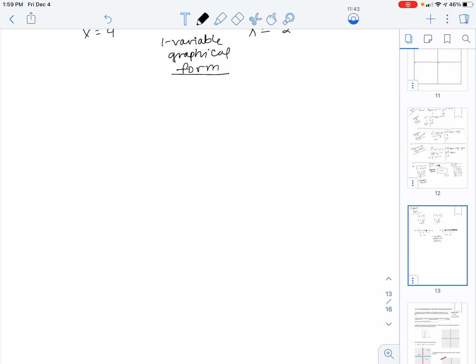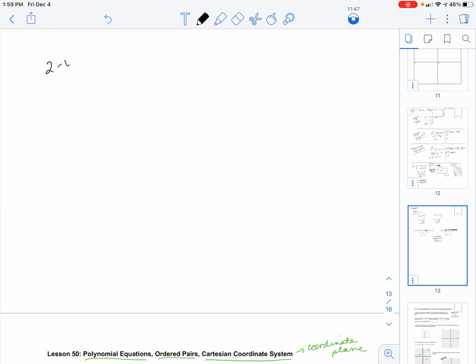But now we want to look at two variables, and two variables introduces another type of graph, which you're very familiar with. So this would be a two-variable graph, or graphical form, but I'll just call it a graph. This lesson introduces it as the Cartesian coordinate system, named after some French philosopher.